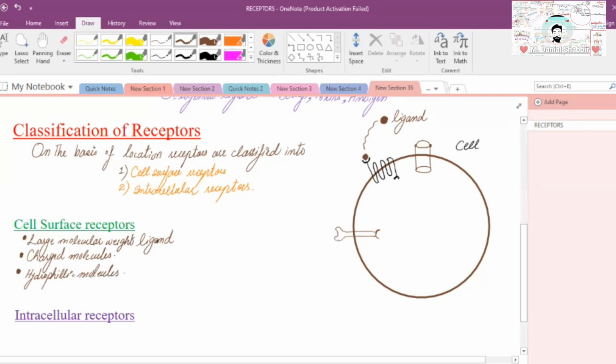It means that if a ligand has large molecular weight, is charged, and is hydrophilic, meaning water-loving, you people know that the cell membrane is hydrophobic in nature, already told you people, right? So these ligands will perform activity by binding with cell surface receptors, right? Is there any problem? Then I will ask you people to ask questions later on.